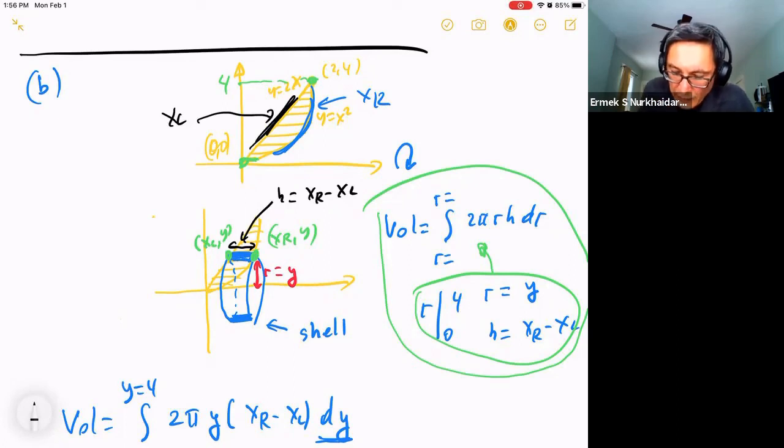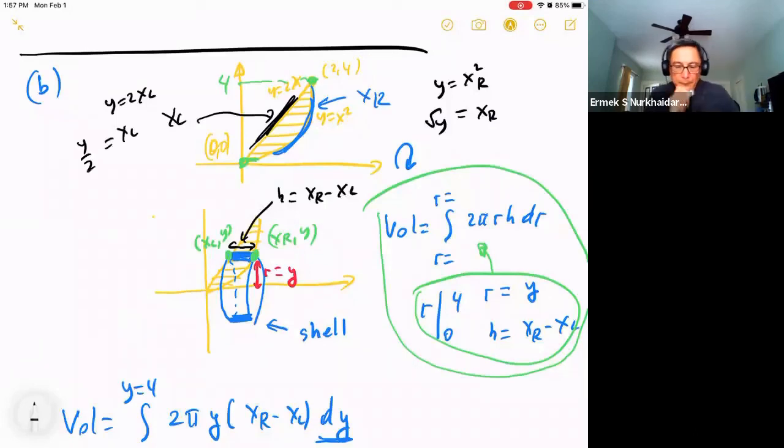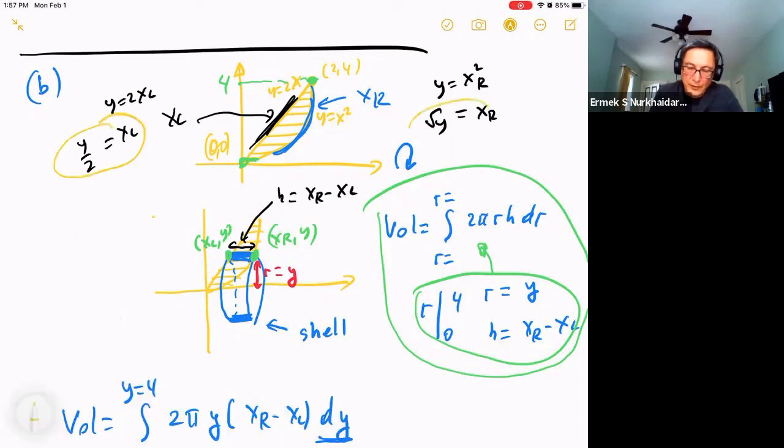So x right will come from the curve y equals x squared, so from here x right equals the square root of y. x left comes from the straight line y equals 2x, so x left is y over 2. We're going to take these two expressions and substitute them for x left and x right correspondingly.